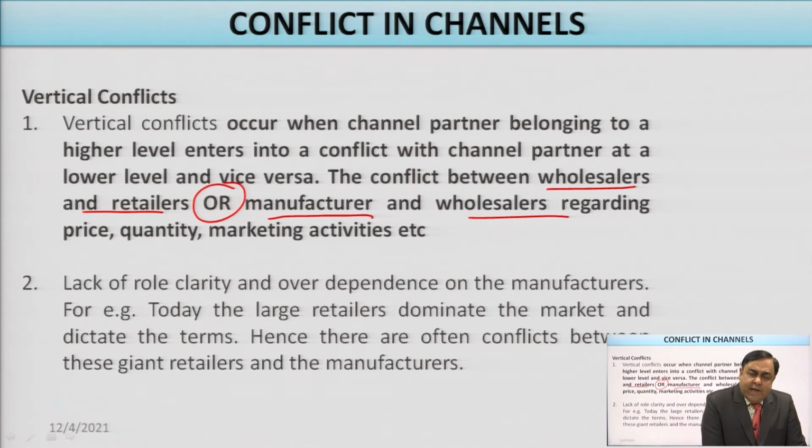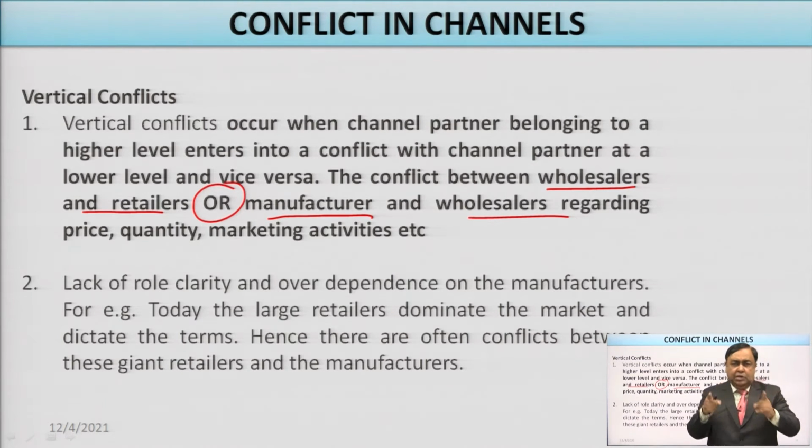The lack of clarity in the roles they have to carry out, and over dependence on the manufacturers, have been found to be the primary reasons for which this vertical conflict takes place. That is, the role which a wholesaler has to carry out needs to be crystal clear, the role which a manufacturer has to carry out needs to be very clearly noted down, and the role which a retailer has to take care of also needs to be clear.